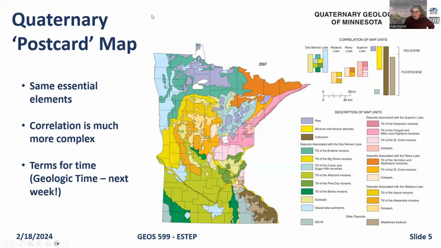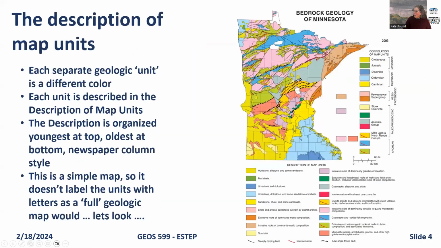So the other map that you used in your warm-up is not a bedrock geologic map, but instead it's the quaternary map. So this map, let me actually go back one more. This is our bedrock geology, all the rocks that are underneath that sediment cover.